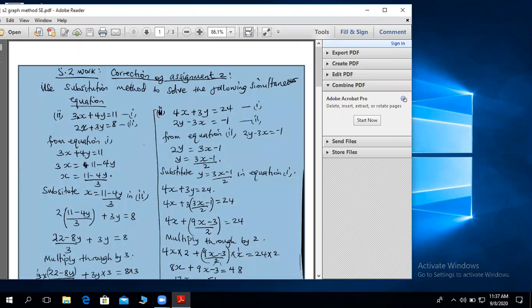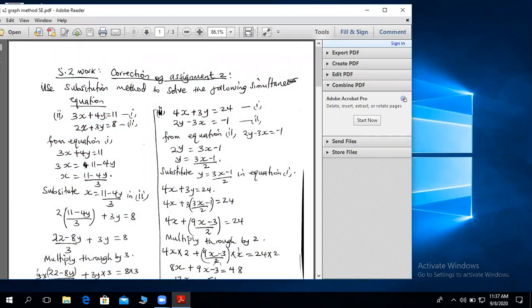And from equation 1, which is 3x plus 4y equal to 11, I want to make x the subject. How do I make x the subject here? I have to take this 4y across. And when any number crosses equal signs, you know it becomes a negative. That's why we have 3x equal to 11 minus 4y.